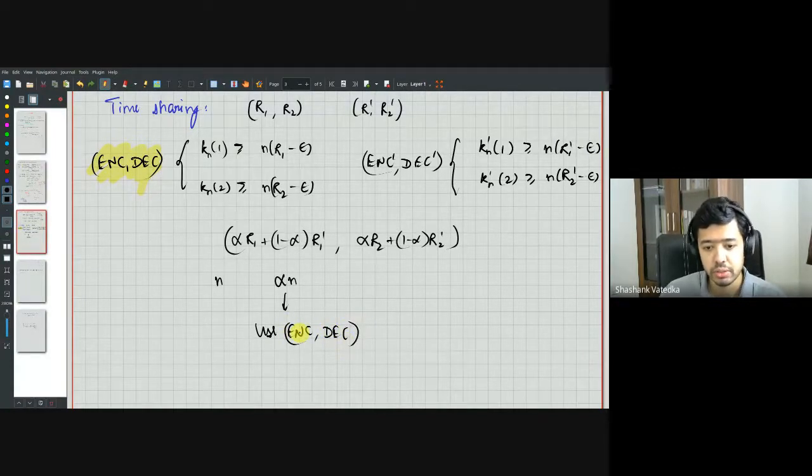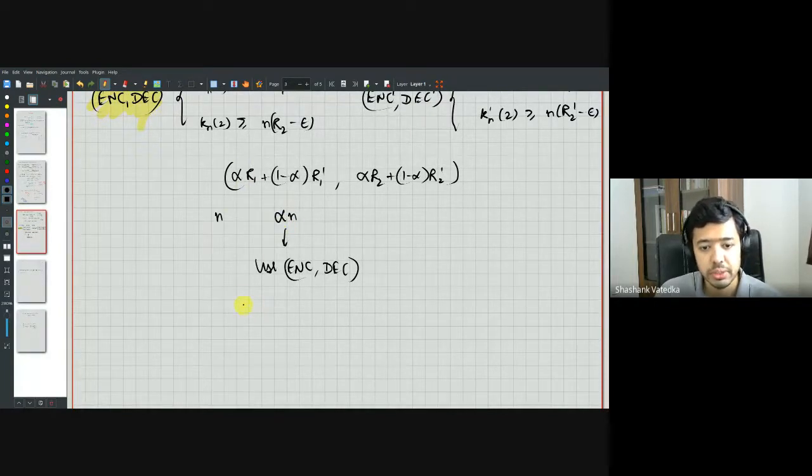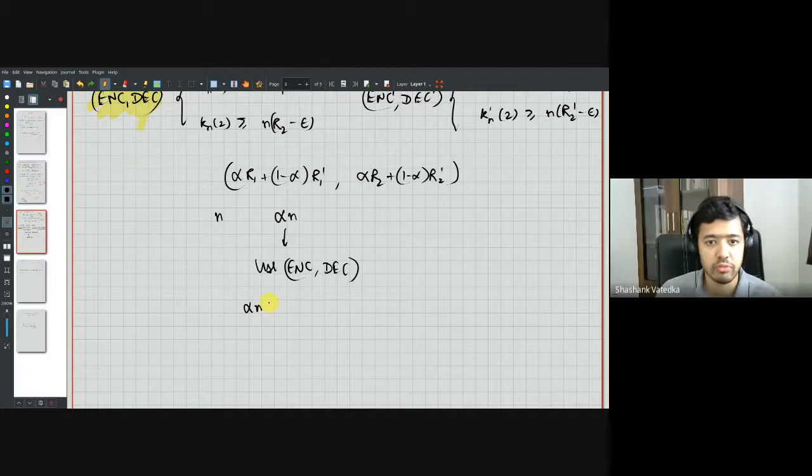So transmitter 1 uses encoder 1, decoder 1, and transmitter 2 and receiver 2 use encoder 2, decoder 2. Using this, in alpha n channel uses, how many bits of information can transmitter 1 send? So alpha n k1. Correct. So alpha kn of 1.